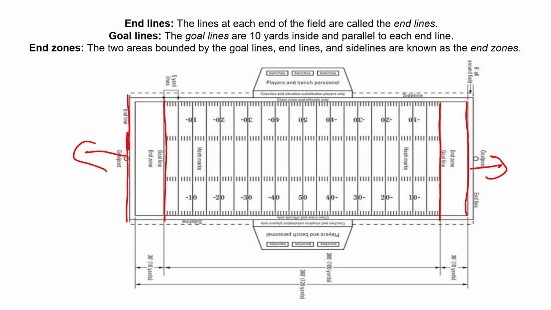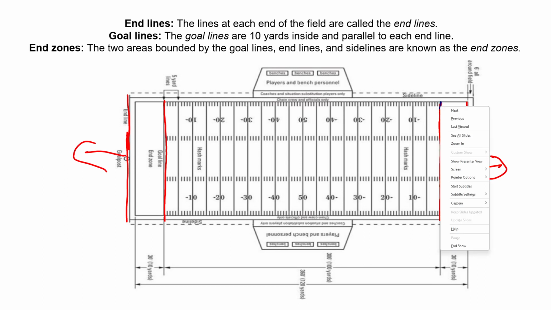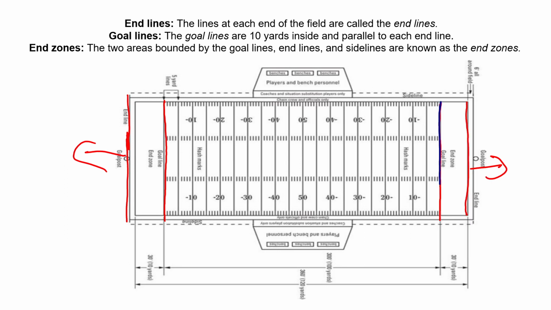We'll talk later about the different ways to score points and what each is worth. At this point, all you need to know is this is the end line. I'll change the goal line to blue so you can see that's the goal line.